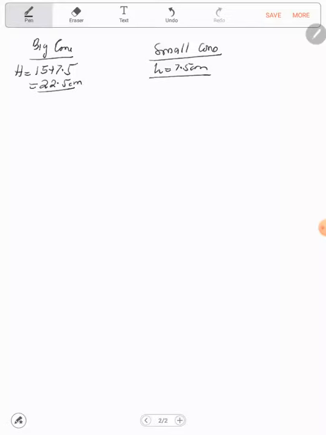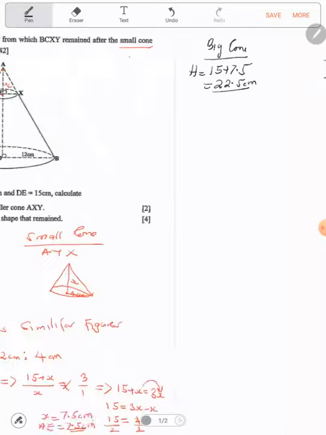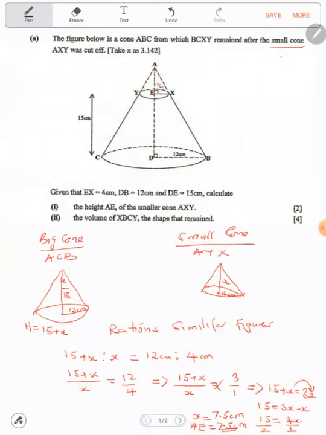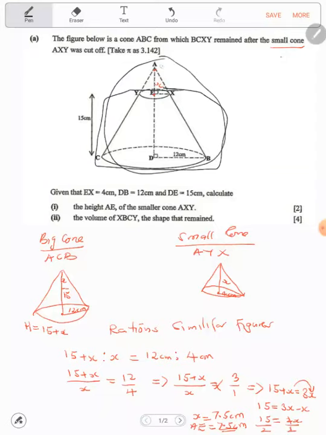Now, how do you find the volume of XBCY, which is just the frustum, this part? To find this volume, we need the volume of the big cone and the volume of the smaller cone, then we subtract.